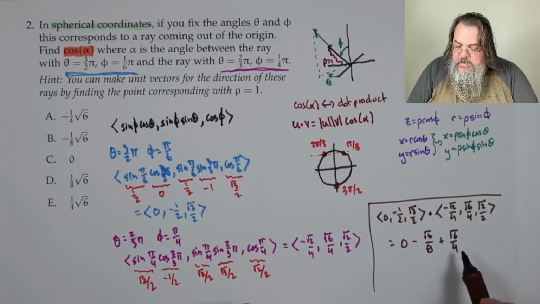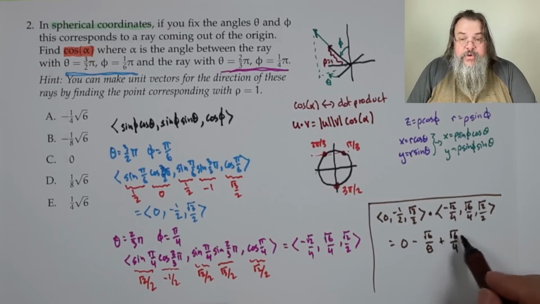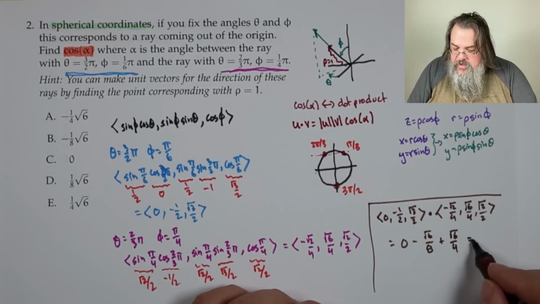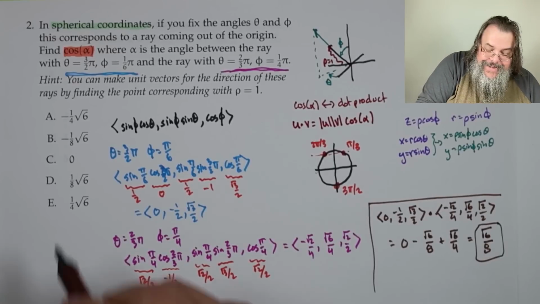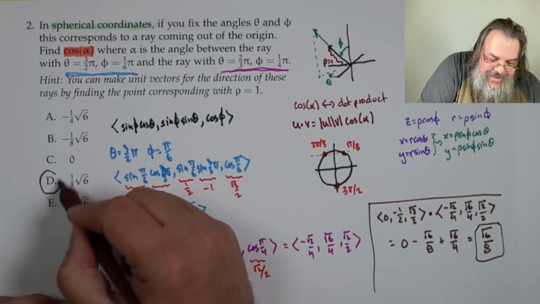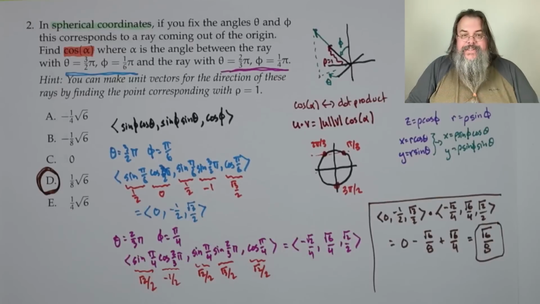Well, square root of 6 over 4 is like 2 square root of 6 over 8. So if you put those together, we get square root of 6 over 8. So that's the answer, and that's on our list. So the answer is D, square root of 6 over 8.